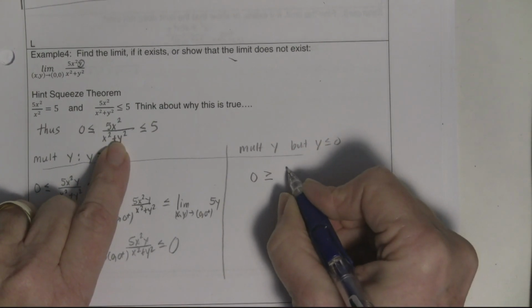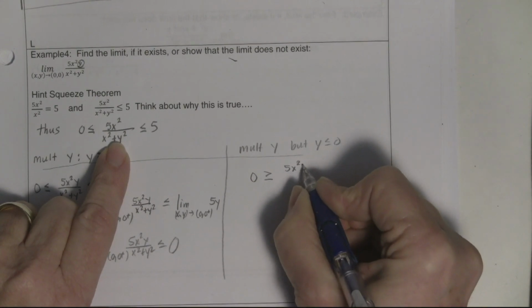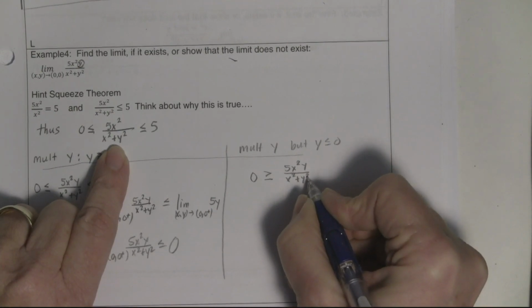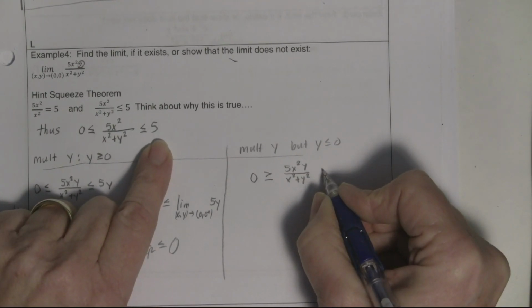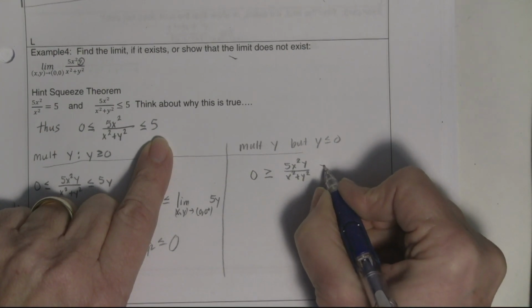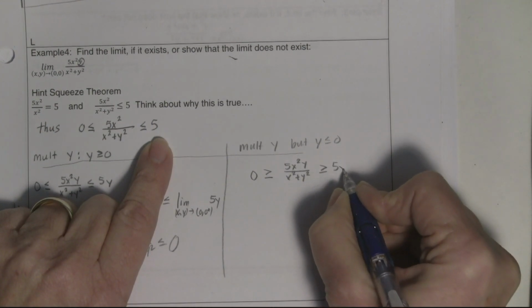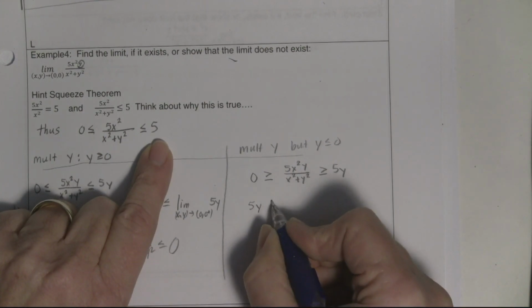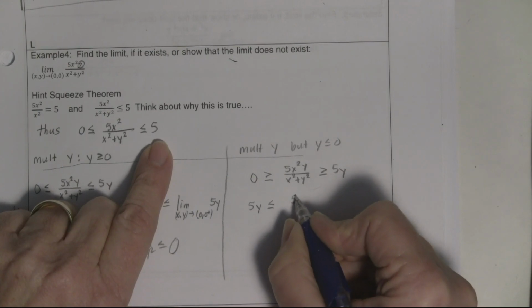When I multiply here by y, I get 5x squared y over x squared plus y squared. And notice I flip the symbol because it's negative. Here I get 5y. When I rewrite this around, this is 5y, because I like to keep it in order.